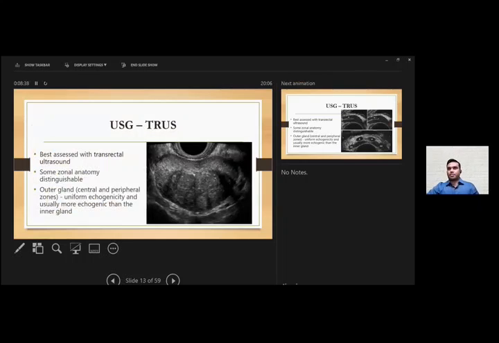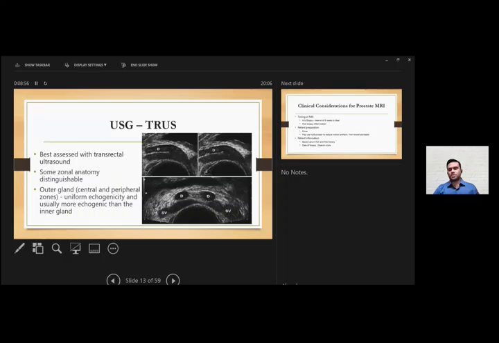Routinely, prostate is imaged by transrectal ultrasound, and transrectal ultrasound gives a good image of the prostate with some zonal anatomy, where the peripheral and the central zone are slightly more echogenic than the transition zone. However, it is not primarily used to diagnose prostatic malignancies.